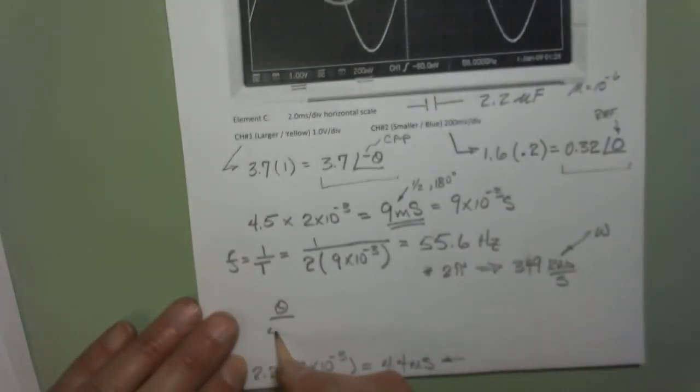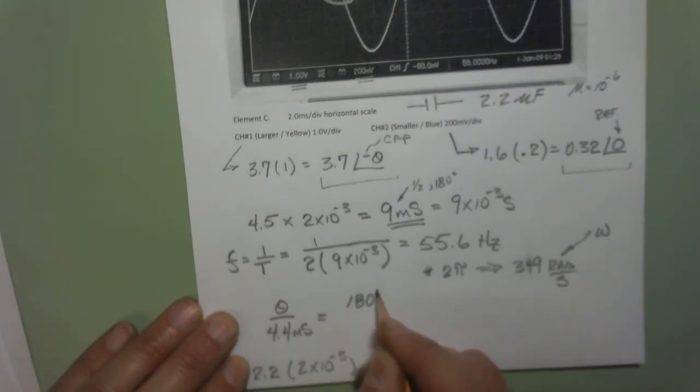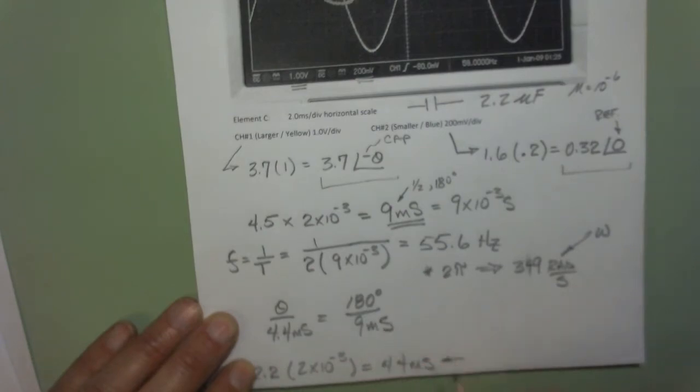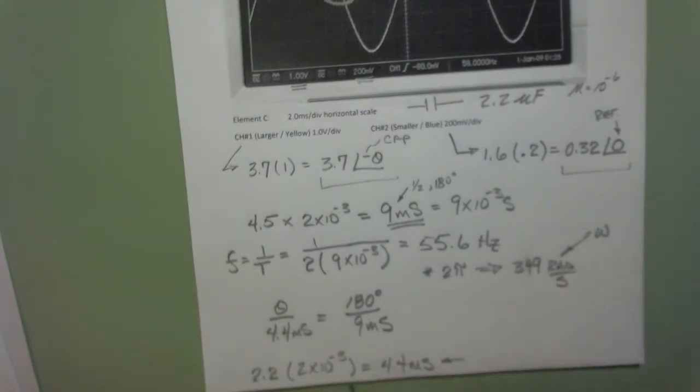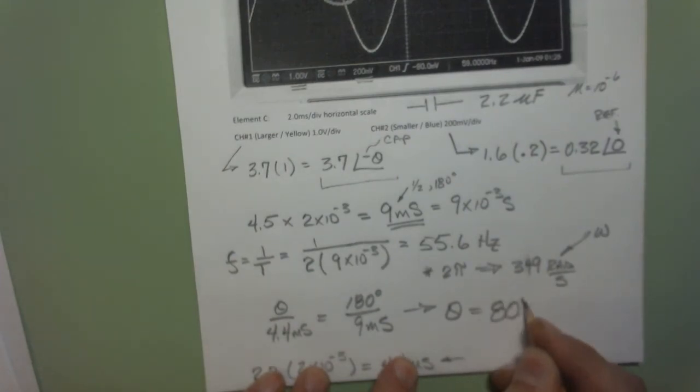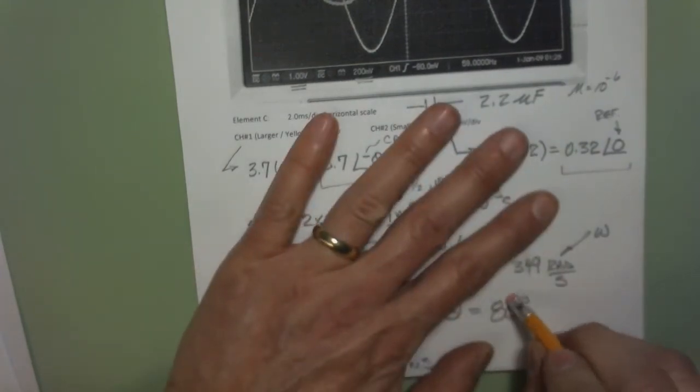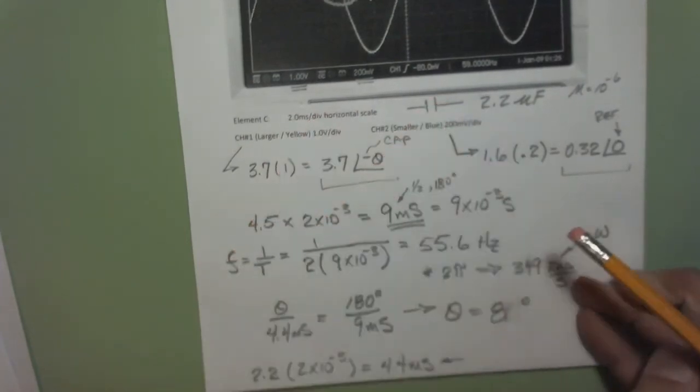So I can say that theta is to 4.4 milliseconds, as 180 degrees is to 9 milliseconds. And I don't have to go back to base units because the units will cancel as long as they're the same. So if I use seconds for both of them, that's fine. If I use milliseconds for both of them, that's fine. So I go through that and I find out that theta is equal to 88 degrees, 88.